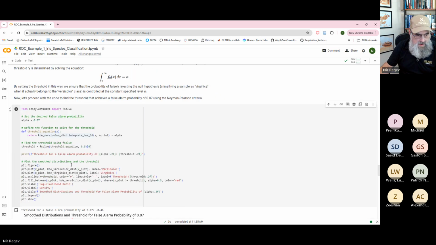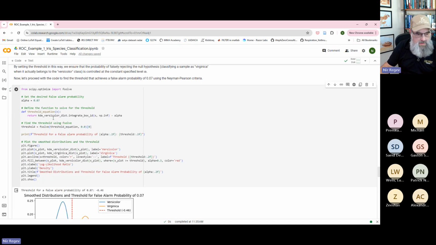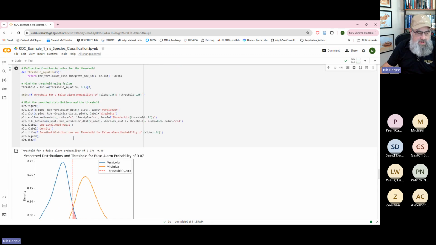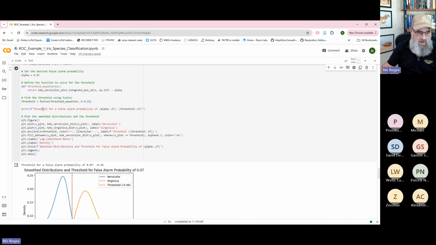And how do we do that? We do a one-dimensional integration on the Gaussian PDF and so on. So this is how we do that in Python. And we set the threshold to the threshold that we found. We let Python solve it for us.